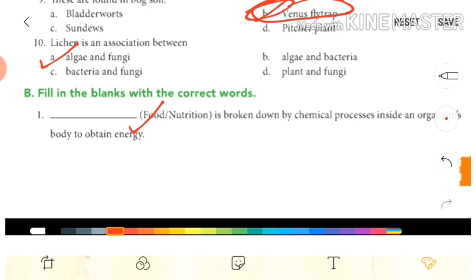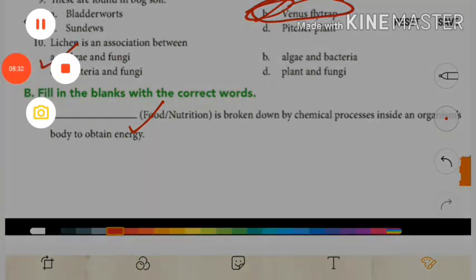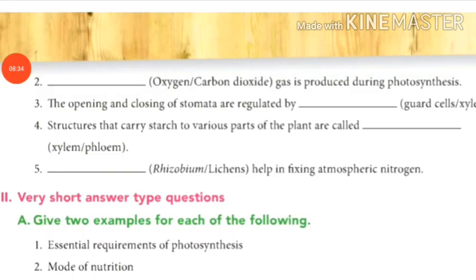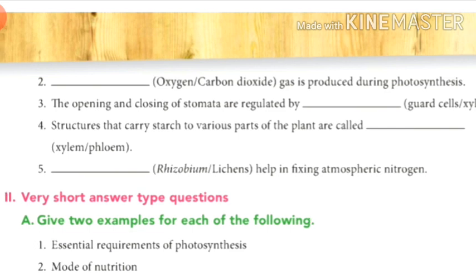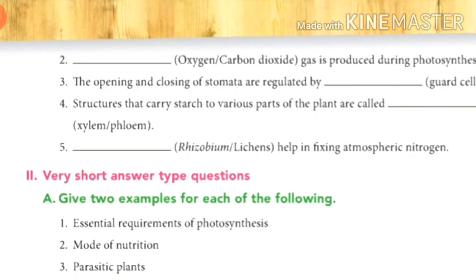Now turn your page. Second one, gas is produced during the photosynthesis. So oxygen gas will be produced during the photosynthesis.